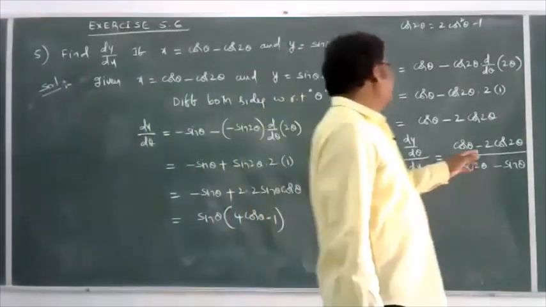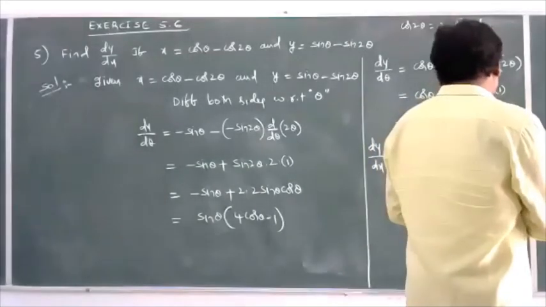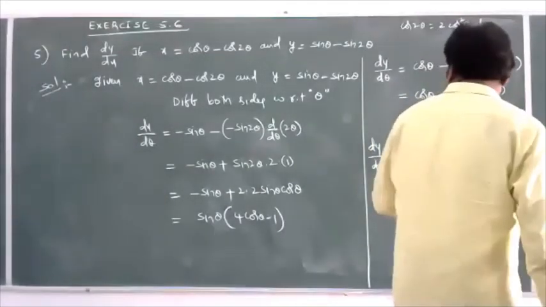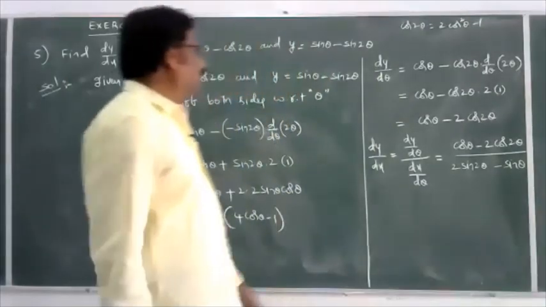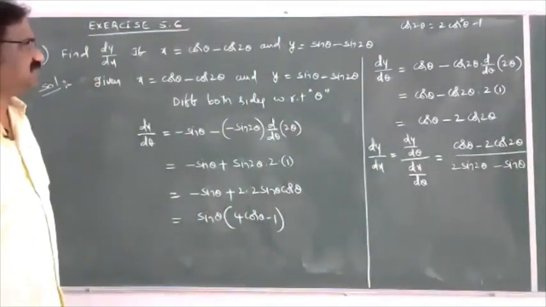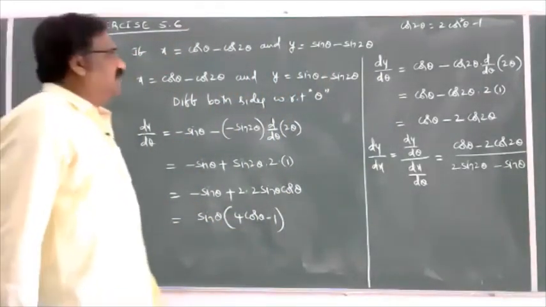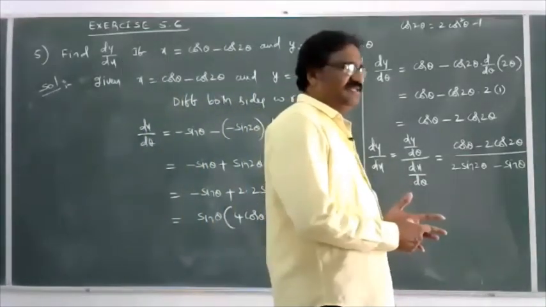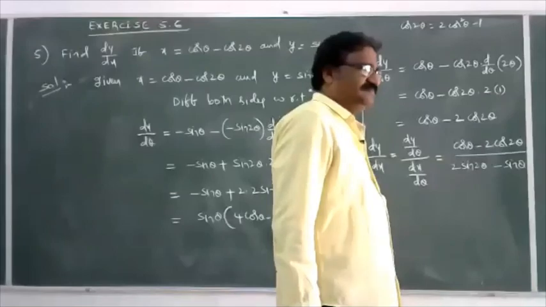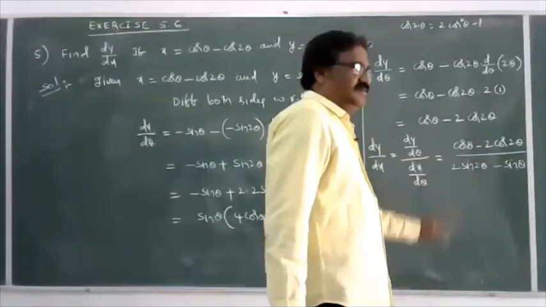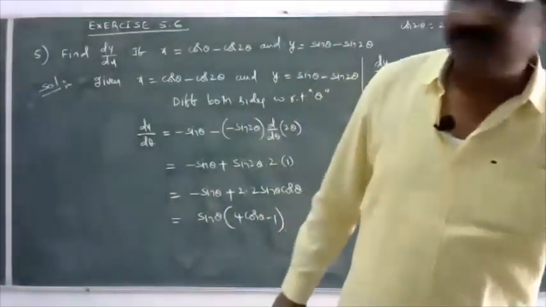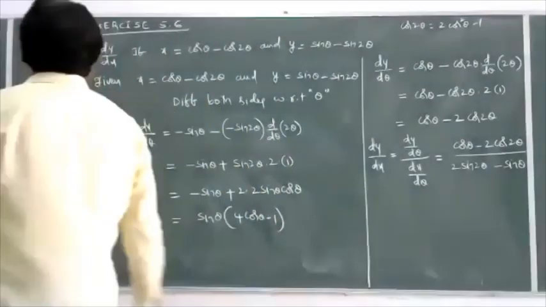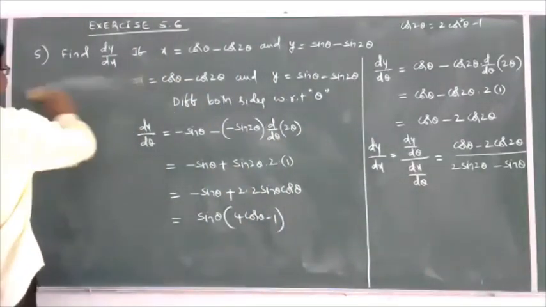Here there is no use for simplification. That's why that is the final answer. dy by dx is equal to cos theta minus 2 cos 2 theta by 2 sin 2 theta minus sin theta. That is the fifth problem.